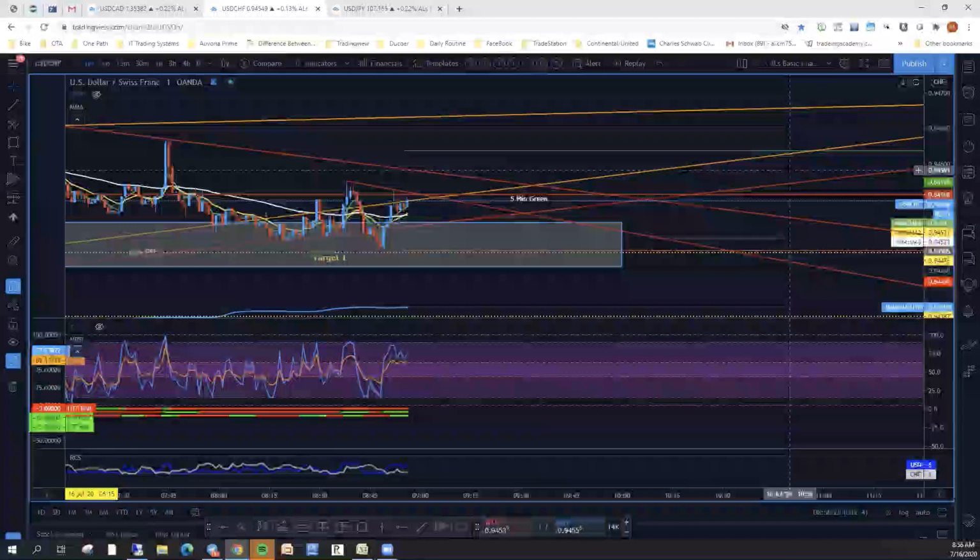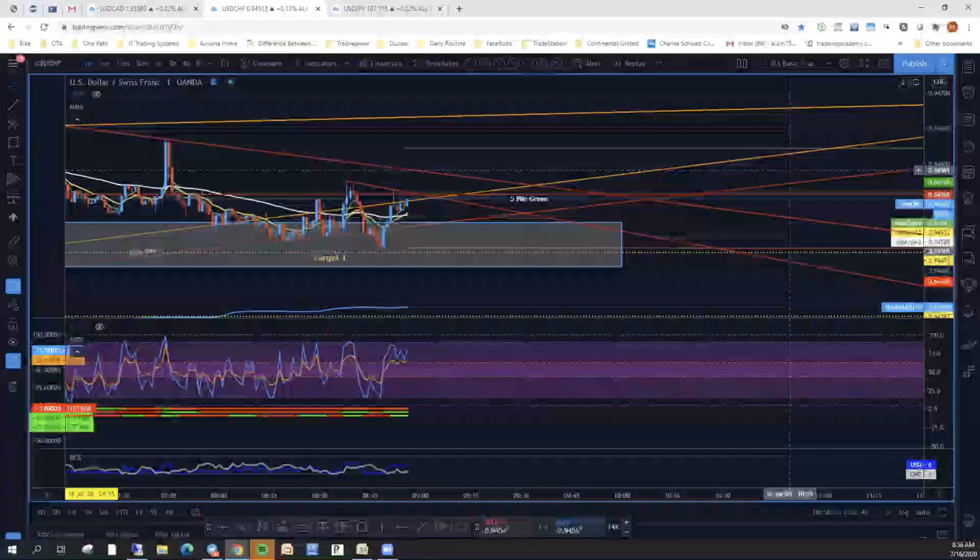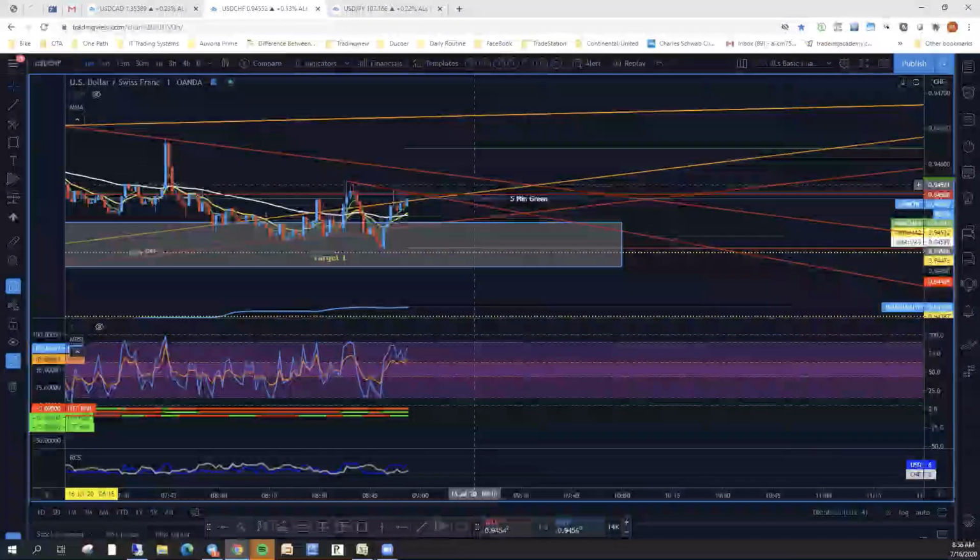And this is where you just have to maintain a certain degree of patience. So there's a real battle going on right at this area.